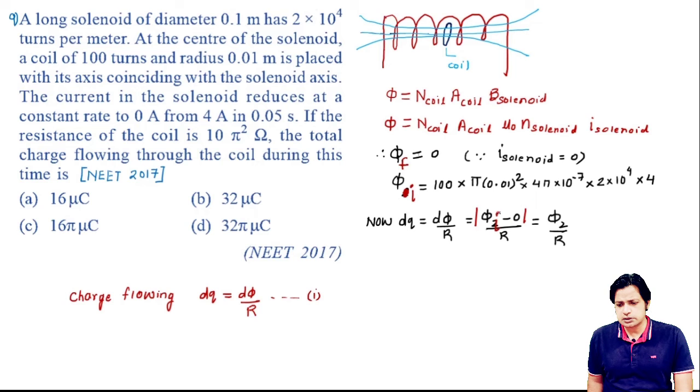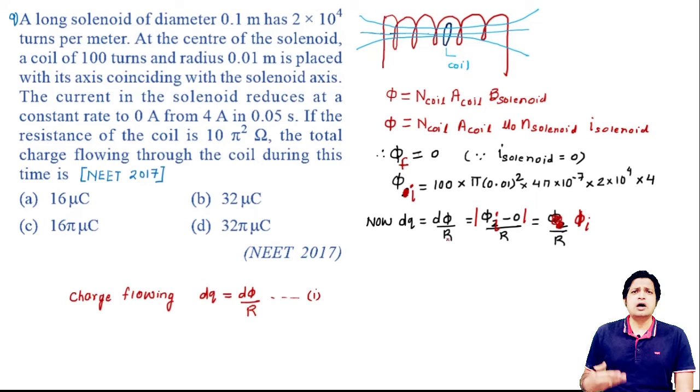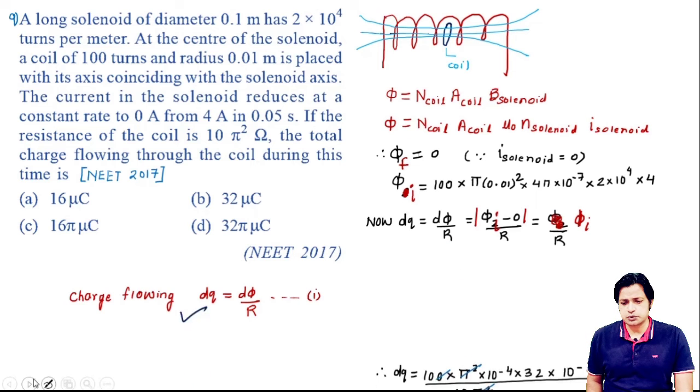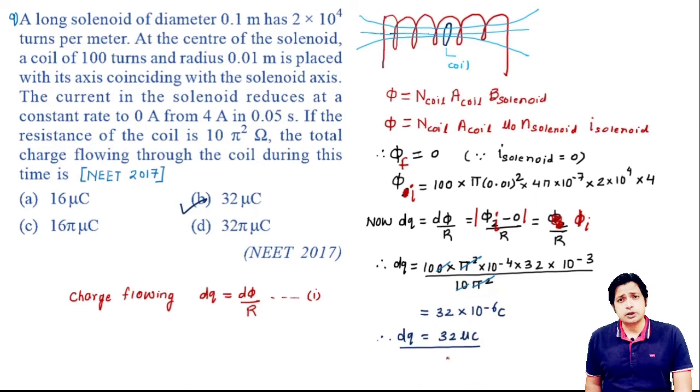So finally it is nothing but the initial flux upon R. The change in the flux is final minus initial, or initial minus final. We are not interested, we only want the magnitude of the charge. So if you substitute, the answer turns out to be 32 microcoulombs. This is the final answer.